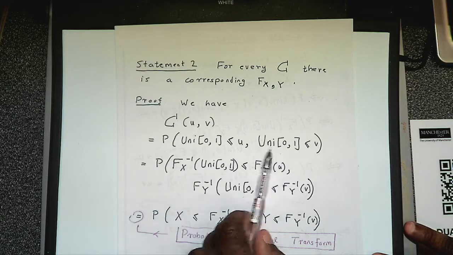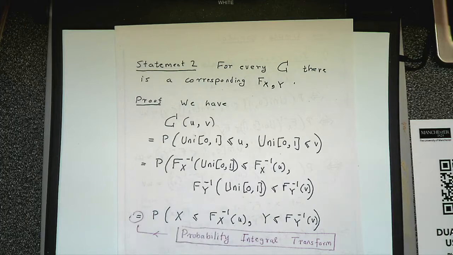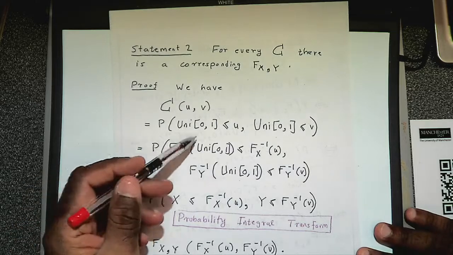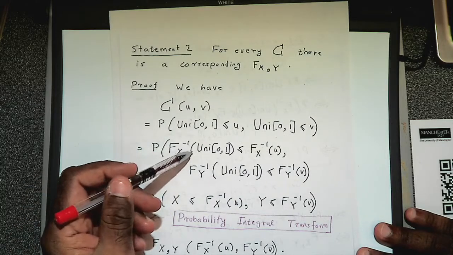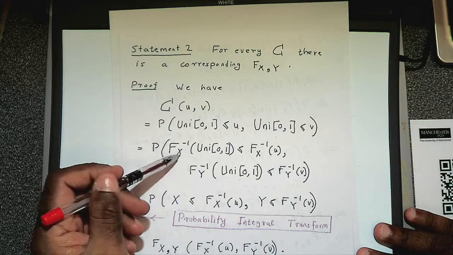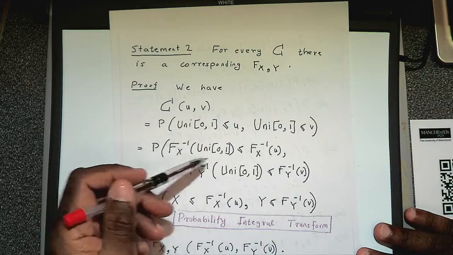Remember, the definition of a copula is a function from a unit box to a unit interval with uniform marginals. So it's this. What you have is this. Now, in the next step, from this line to this line, what I have done is to apply the inverse function of F_X to both sides of this inequality.